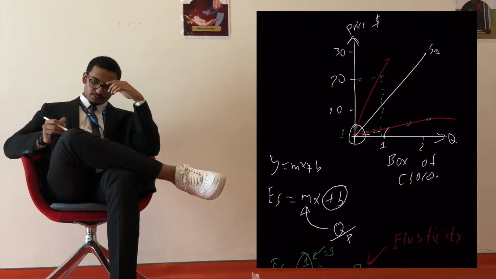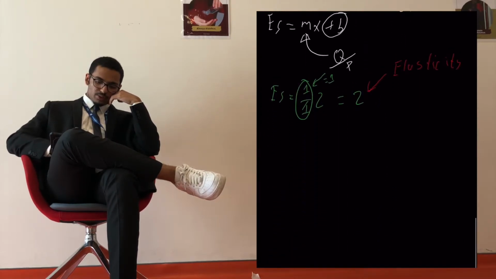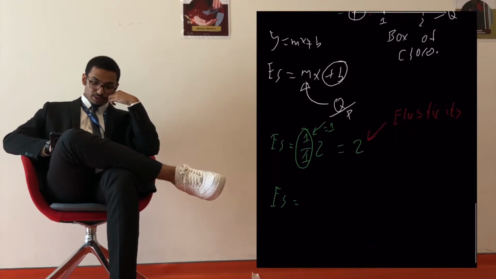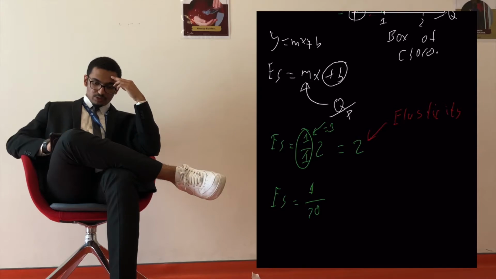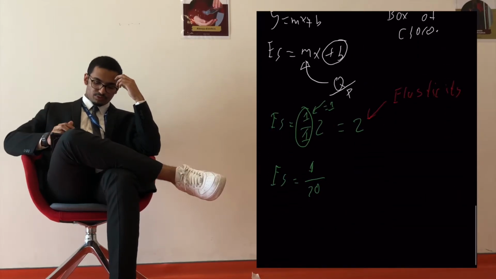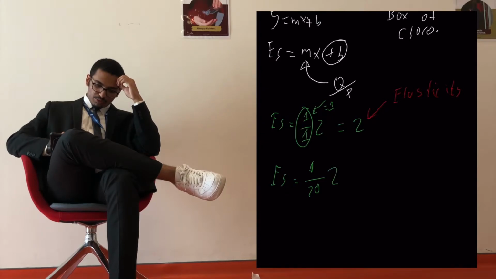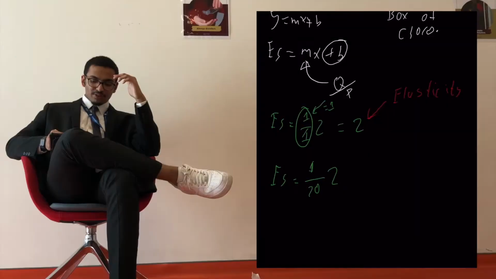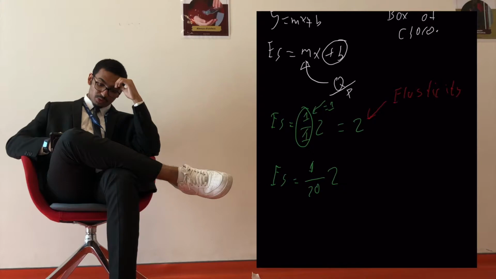Alright, so now let's put it into the equation, and we get ES equals 1 over 20, because quantity first, so 1 box for $20, times any point from the x-axis. I'm going to go for 1.5, or hell, let's even go for 2. When we put in 2, 1 over 20 is 0.05, times 2, which gives us 0.1.